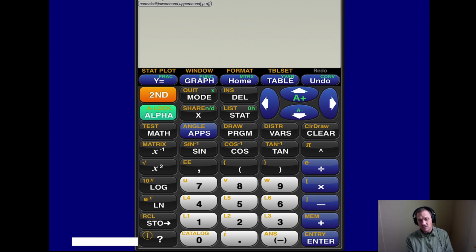The infinity in our calculator is the capital E and then 99. That's scientific notation. Right above the comma key, you see where it says EE? You're going to press second comma and you're going to get the E. So ready?